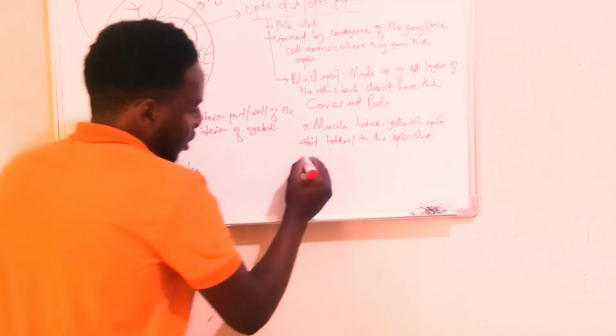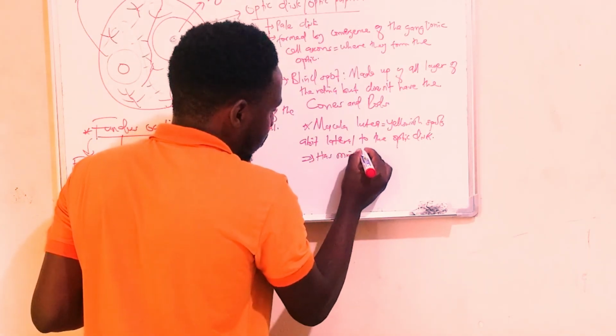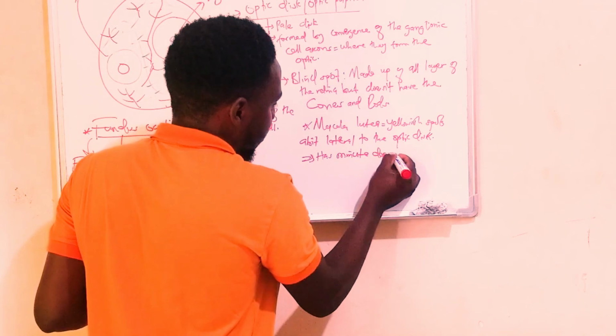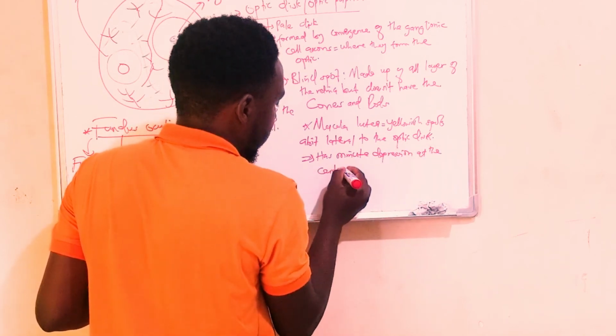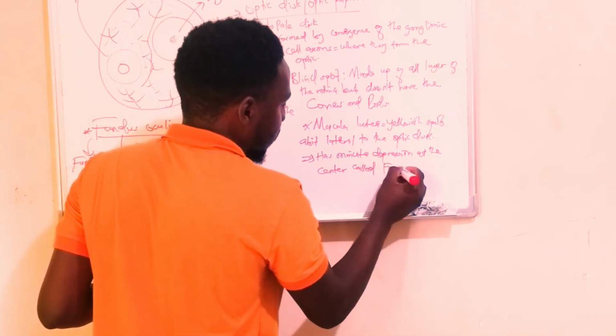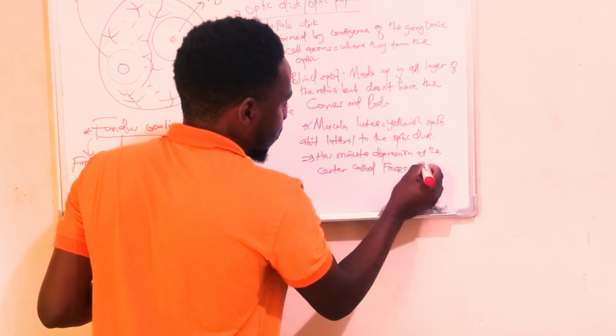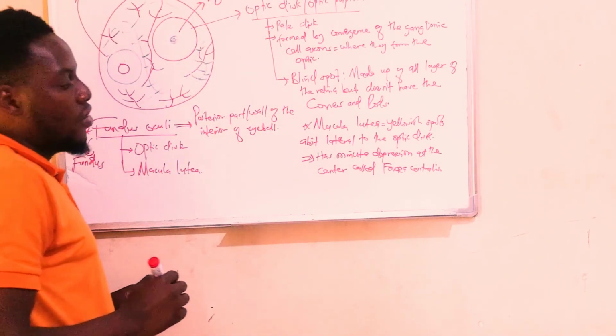This has got a tiny or minute depression at the center called fovea centralis.